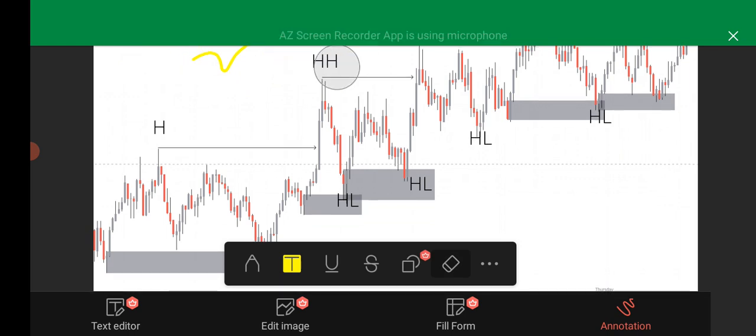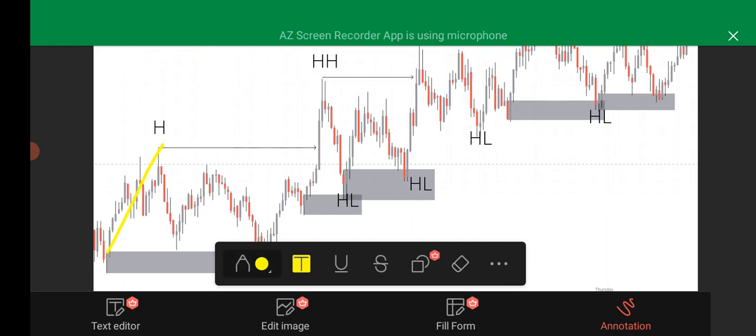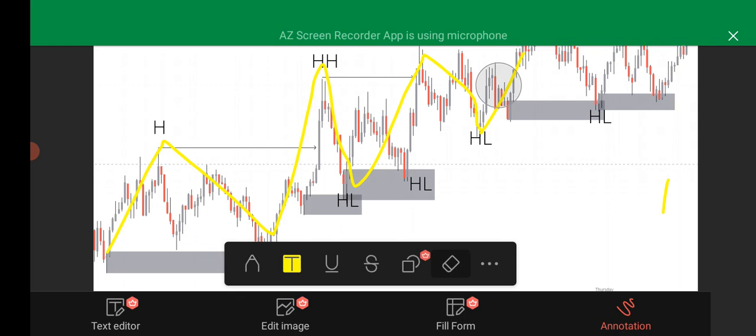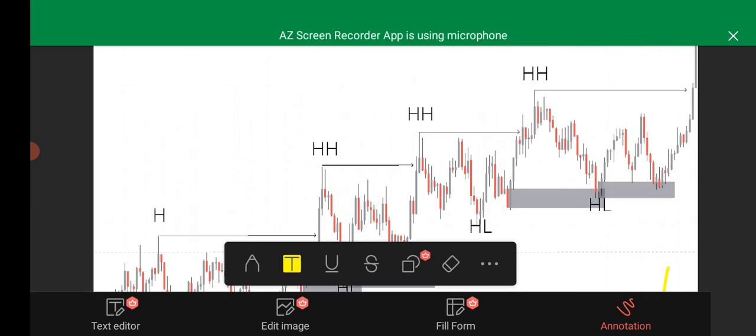How we can see them is by trying to draw them. You can see the market went there, then it went down, went up, came down here, and went up again. That's how we can simply try to understand this. Look at this structure here.